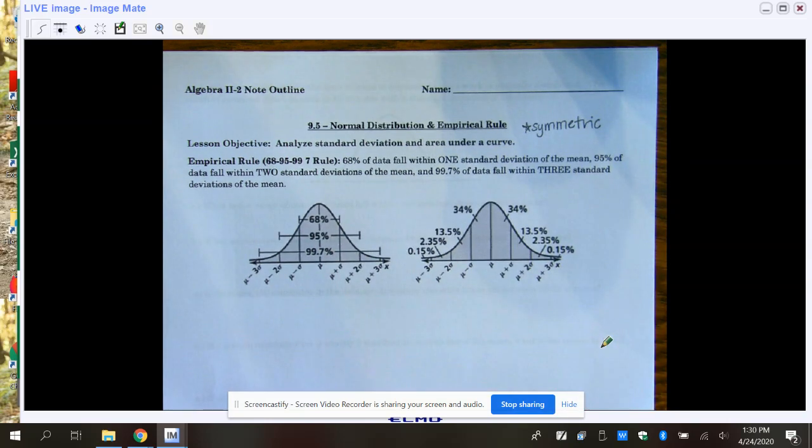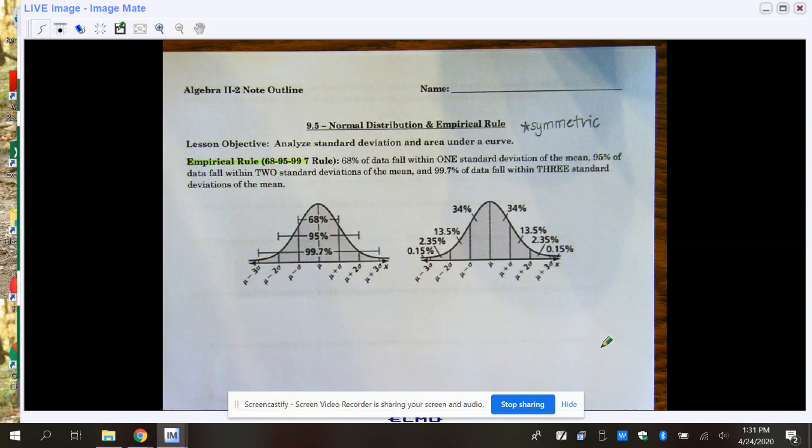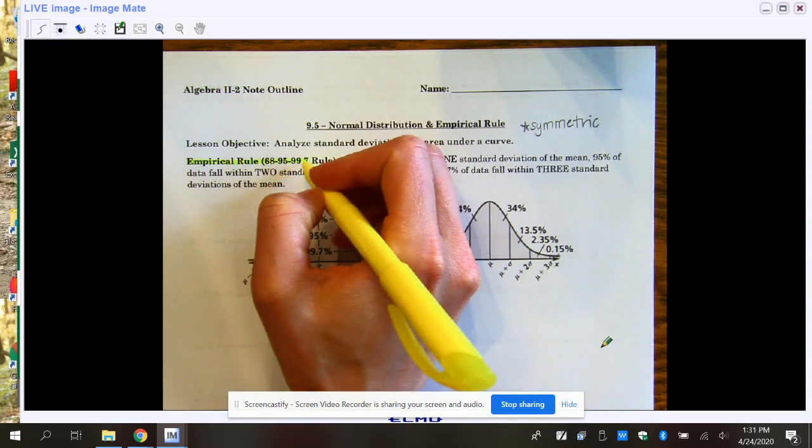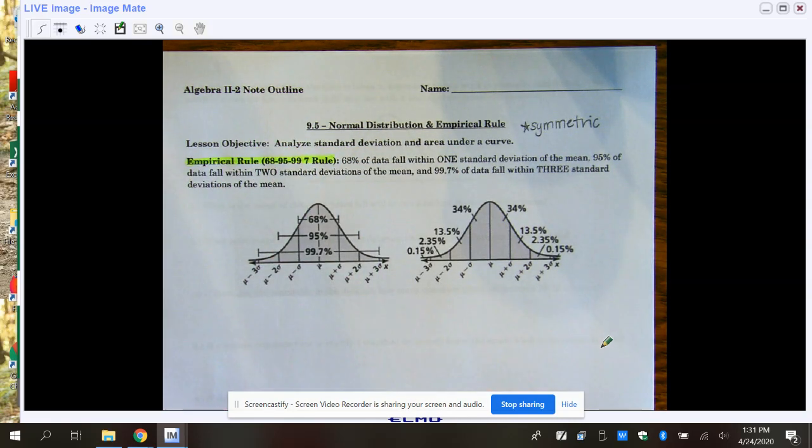When data is normally distributed, a lot of times we use what's called the empirical rule to analyze different sections of your data. A long time ago, scientists and mathematicians found a relationship between how the percentage of your data is broken up and the standard deviation of your data.